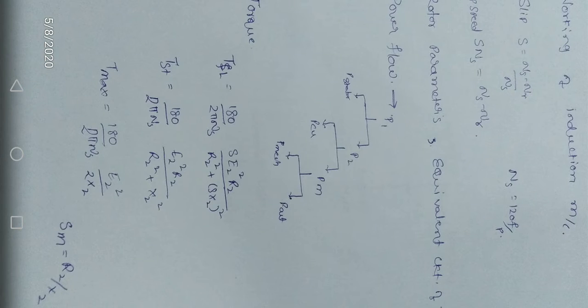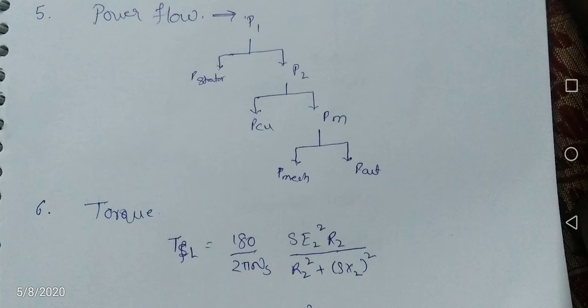Under standstill condition, the rotor frequency is equal to the stator frequency. But under running condition, the rotor frequency and stator frequency are not the same, because the rotor frequency is slip times the stator frequency.